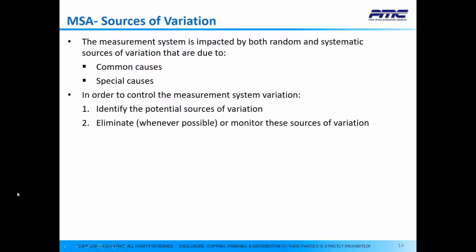We already talked about, I mentioned, the sources of variation as common or special cause. The measurement system is impacted by both random and systemic sources of variation, and these sources of variation are due to common cause and special cause. In order to control the measurement system variation, we need to identify the potential sources of variation and eliminate them whenever possible, or monitor these sources of variation.